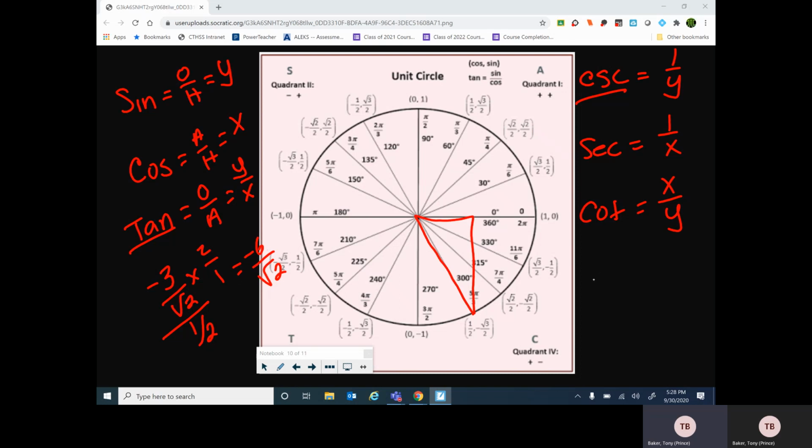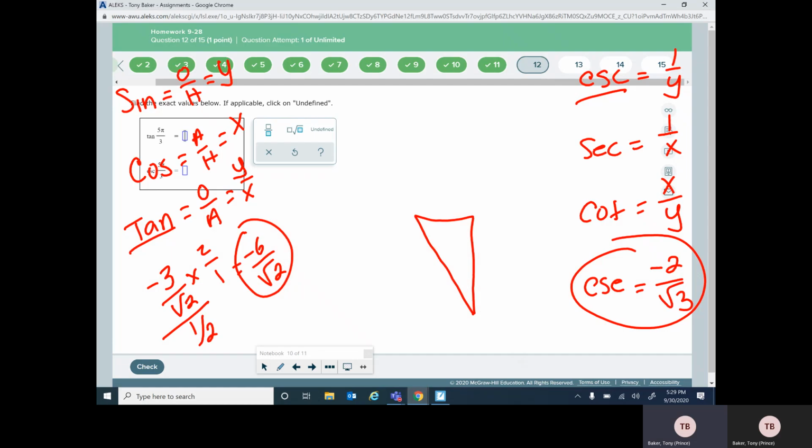So now my cosecant is the reciprocal of negative 2 over the square root of 3. So this is my tangent, and that's my cosecant. So negative 6 over the square root of 2, and then negative 2 over the square root of 3.